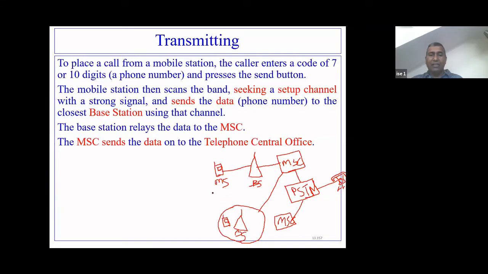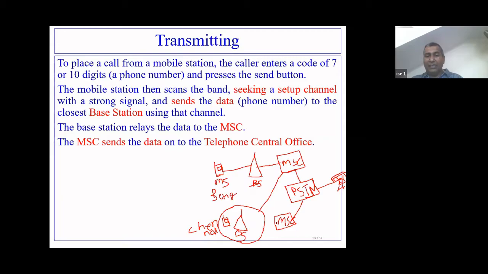And say I am having this in Bangalore. So assuming that this is Bengaluru, and this is Chennai. Now, how is the connection going? It is this way. From the mobile station to the nearest base station, where the signal is very strong, and from this base station to the MSC, and from the MSC to the PSTN, and this PSTN gets connected to the mobile station located at Chennai.